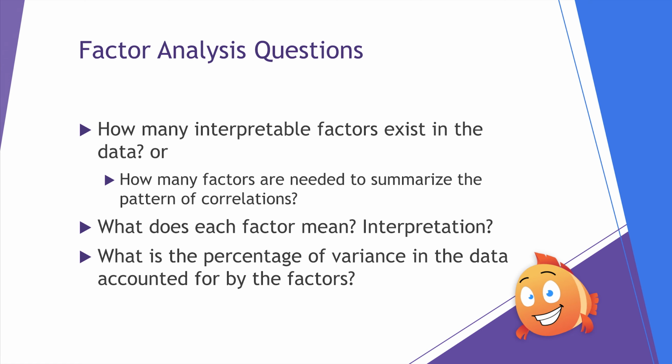So, more factor analysis questions. How many interpretable factors exist in the data? Or how many factors are needed to summarize the pattern of correlations? What does each factor mean? How do we interpret it? What is the percentage of variance in the data accounted for by the factors?